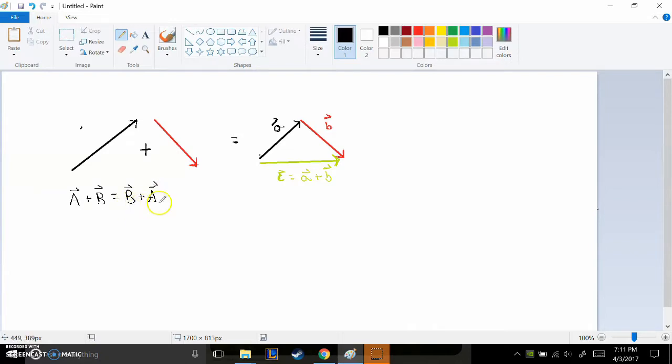It's also associative, which means when we add three vectors or a large group, we can group them in any order, in any formation.